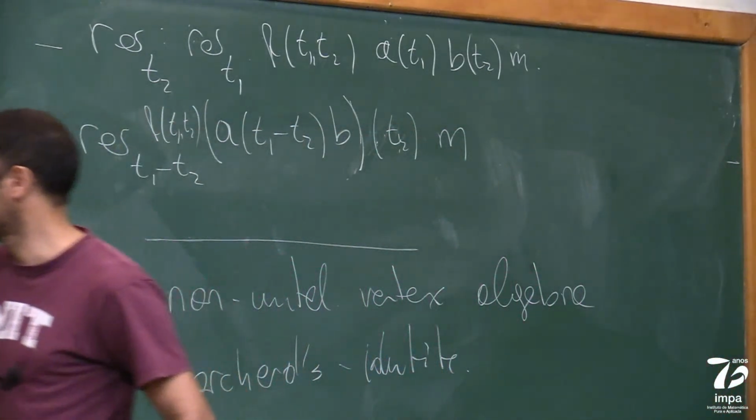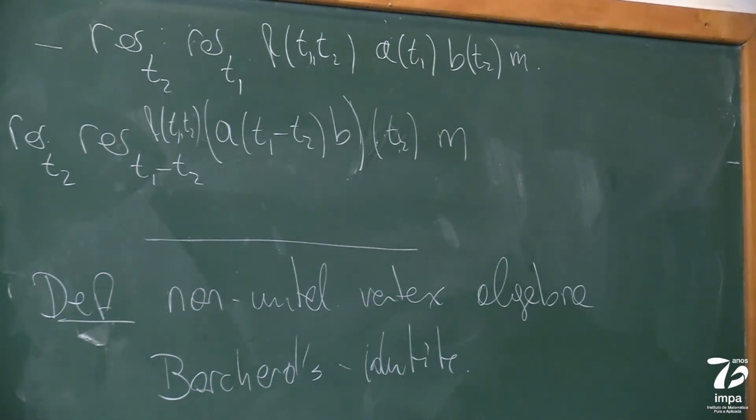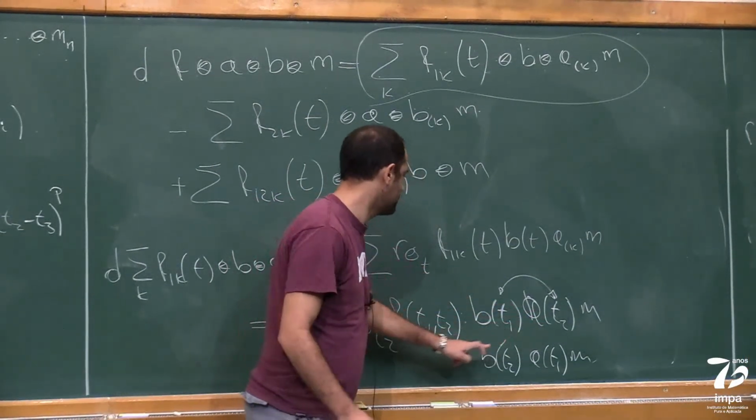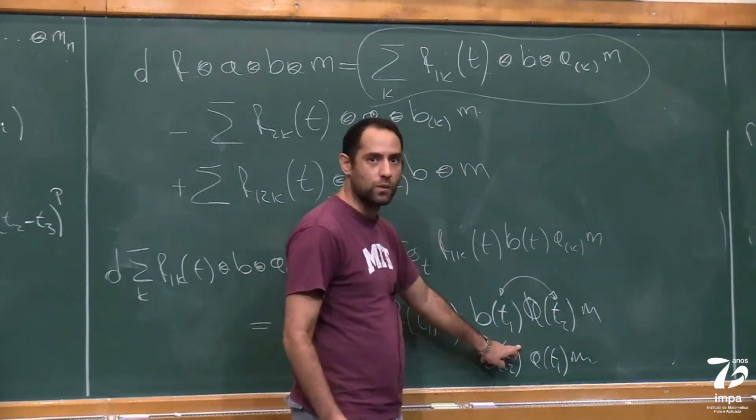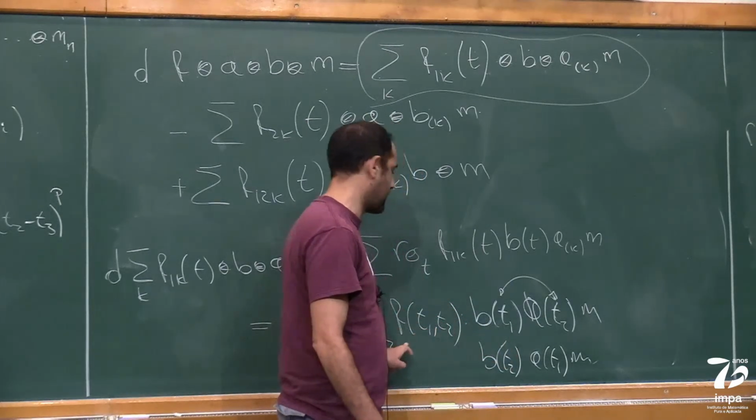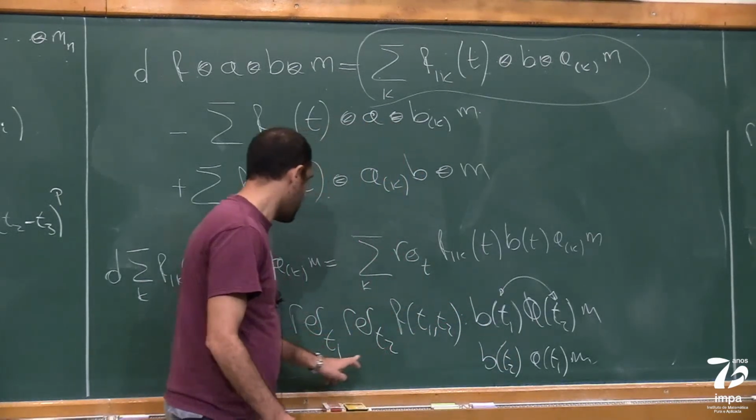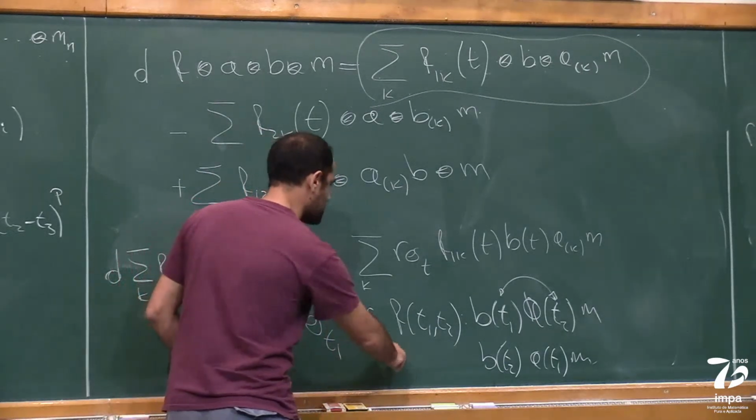Except that I just confused these two, which perhaps we should do, but I don't want to do this on the board. So the Borcherds identity says that the residue of A of T1 applied to M, then B of T2 applied to that, times any function. Oh, I see. I've taken the residues in a different order. Correct.